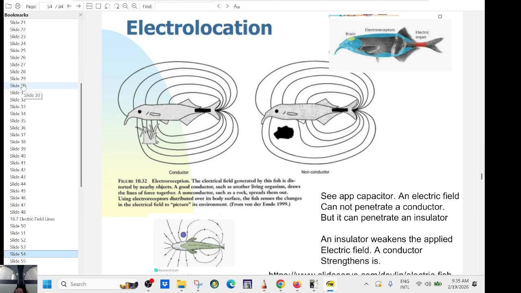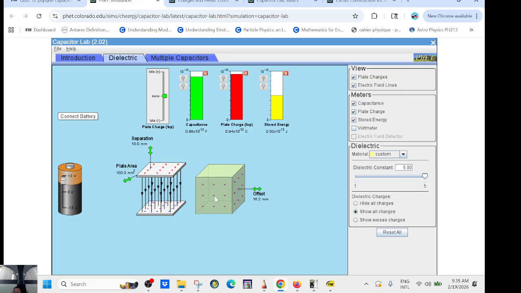This one. Okay. So if you already have an electric field, which is produced because of distribution of charges, ions, electrolytes, so there is an electric field here. So if you have an electric field, and then you shove between the plus and the minus an insulator inside the electric field, now what you can see is that it will weaken the electric field.